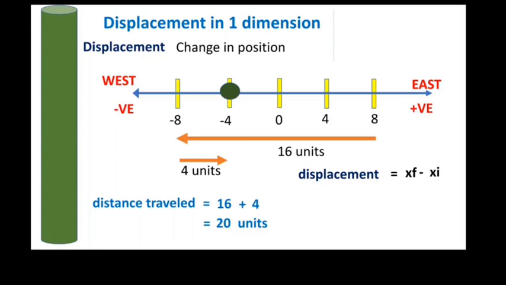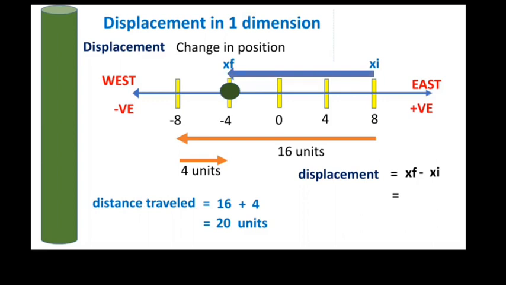Okay. What was the initial position? The positive 8 position. What was the final position? The negative 4 position. So now I can calculate the displacement of this object. It's a straight line movement joining the start point and the finishing point.